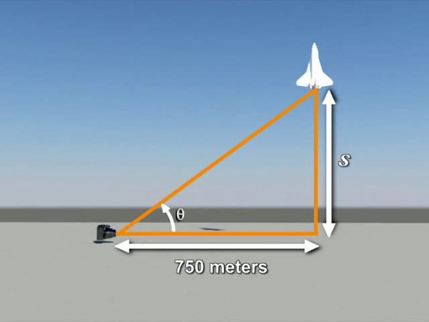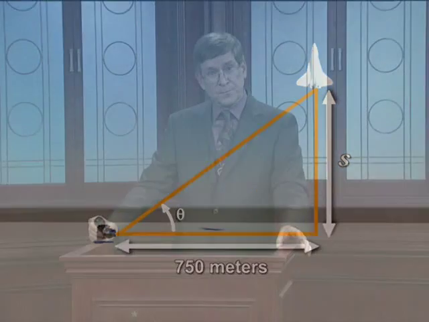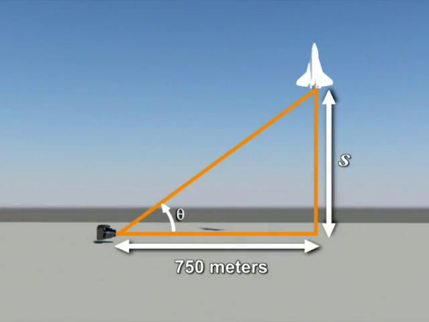Let's write theta as a function of S, the angle as a function of the distance the shuttle has traveled, and then we'll find this angle for certain values of S, say 400 and 750 meters.